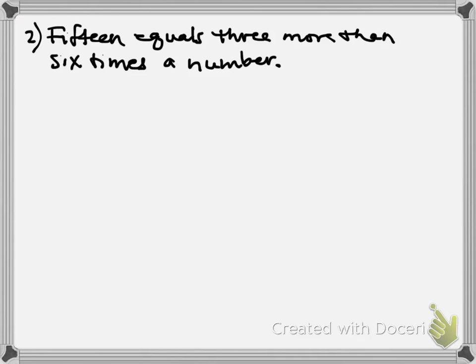So what's the word that tells us equal sign? Yeah, that one's kind of easy. Okay, we can identify our numbers. 15, 3, 6. Okay. What operations do you hear?